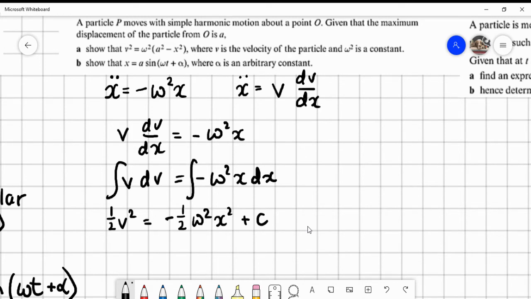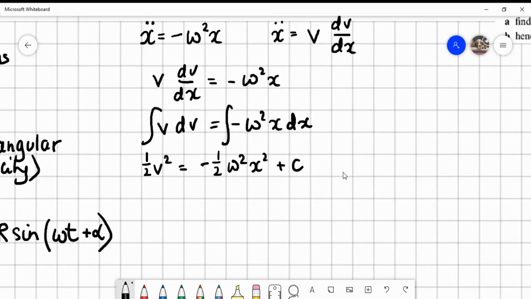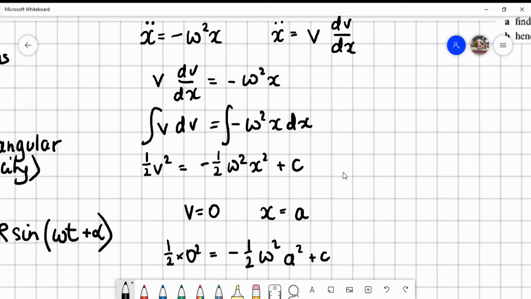So given that the maximum displacement of the particle is A, when v is 0, x is going to be equal to A. That information can be substituted into the above equation to obtain the value for c. So c is going to be equal to a half omega squared A squared.